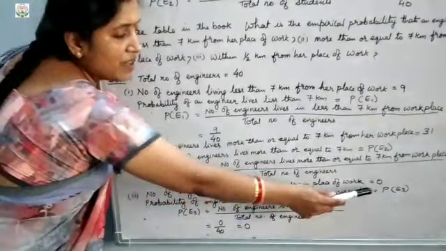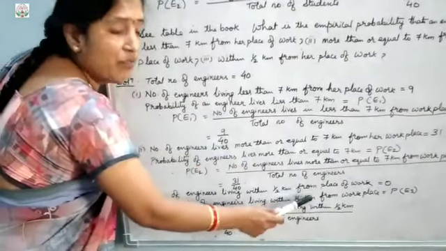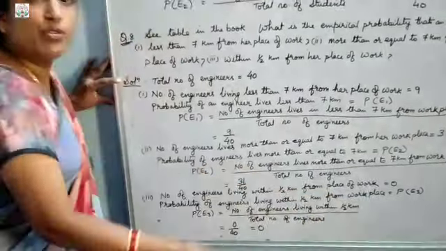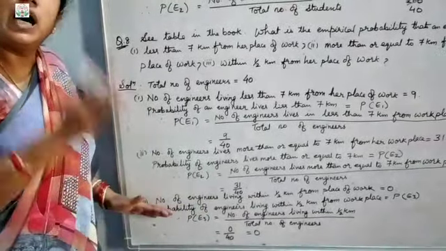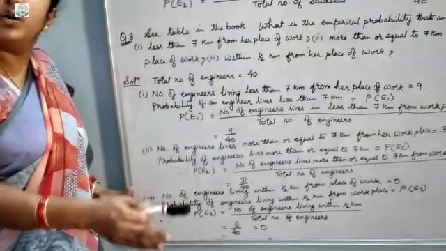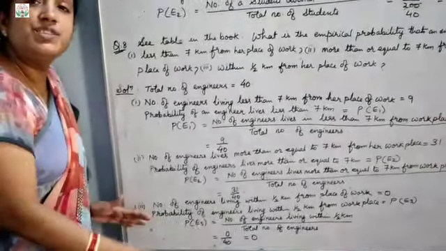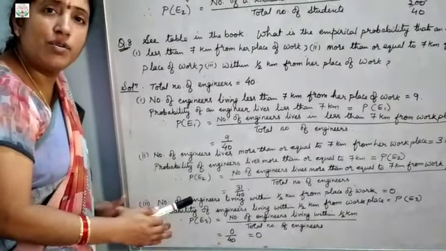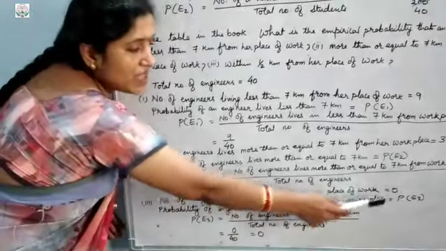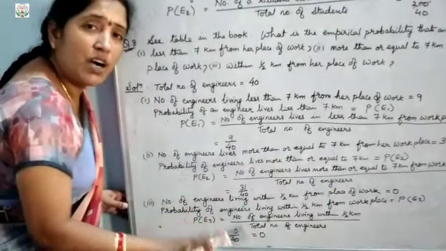That means the number of engineers who stay within half a kilometer from the workplace will be 0, because there are no engineers who stay within half a kilometer from the workplace. In the table, no engineer stays below 1 kilometer. That is why it is coming as 0. No engineers are staying less than half a kilometer.